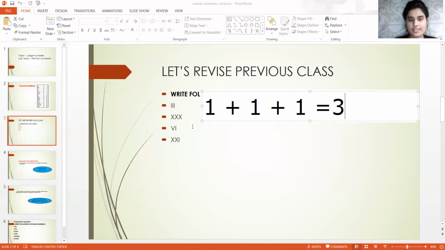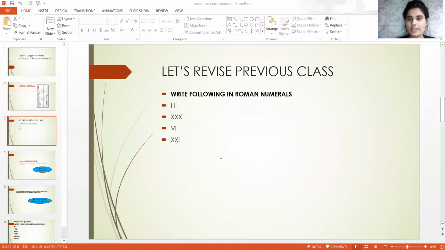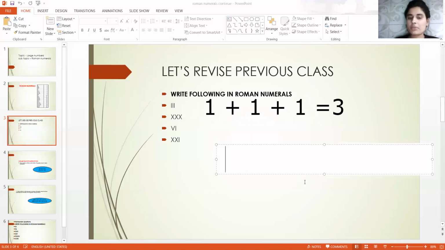Okay, next example is X X X. So this is also a repeated addition example. What do we have to do? We first write the value of the first X. What is the value of X? 10. 10 is the value of X. So we first write 10. This is the repeated addition, which means we have to add each symbol value.